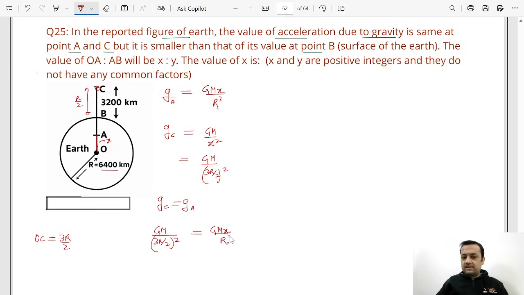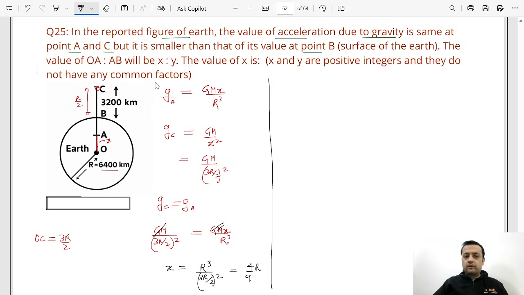From here GM gets cancelled. So x becomes r cube upon 3r by 2 whole squared. That means this will become 4r by 9. So x becomes 4r by 9.